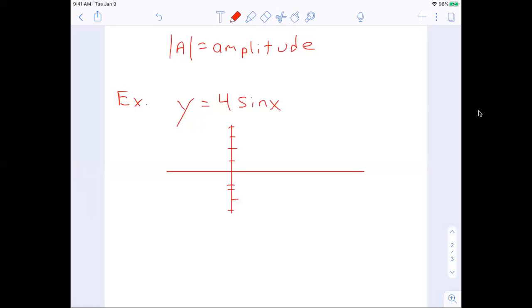So that sine graph is going to start here, but then at the first notch go up to 4 and then down to -4. So that sine graph would look like that. Okay, it changed the amplitude, it changed how high and how low it got.